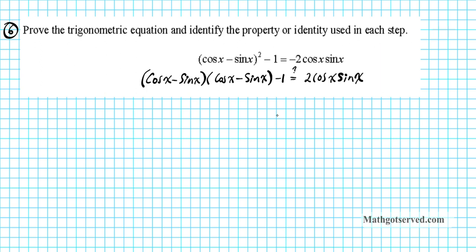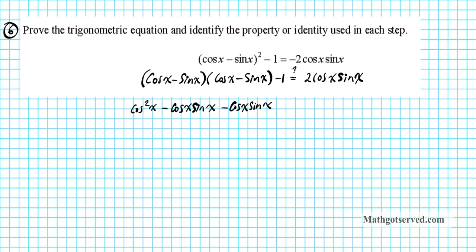Now, what we're going to do next is distribute. So let's distribute this out. First, outer, inner, last. The first is cosine square x, outer, minus cosine x sine x, inner, minus sine x cosine x, but using the reflexive property of multiplication, I can write this as cosine x sine x.